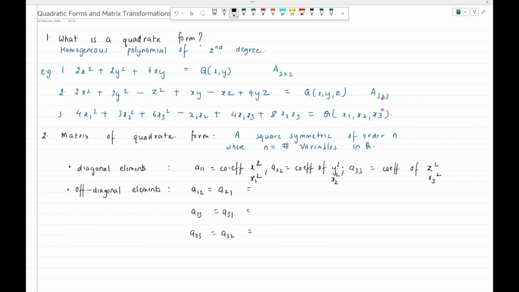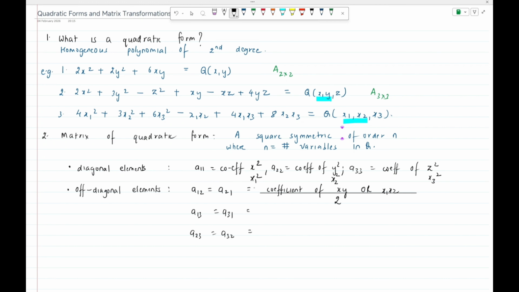So the first variable is either x, y or it is x1, x2. So this is going to be the coefficient of xy or x1 x2 divided by 2. So in a way, it is half of the coefficient.